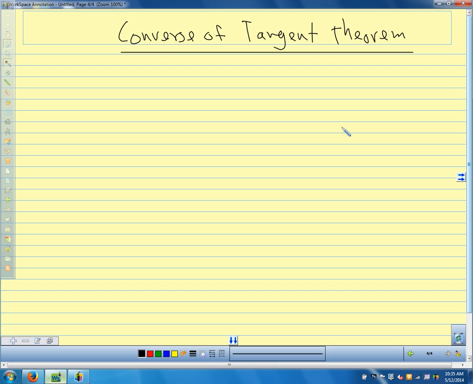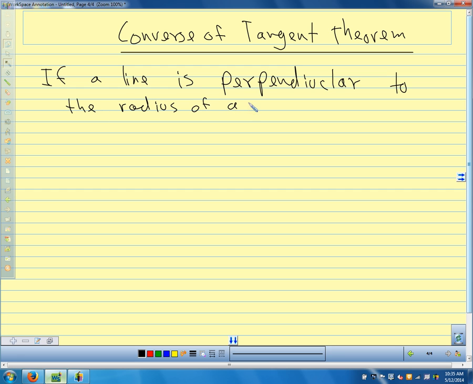If that's true, then that tells us that line or segment is tangent. So we're just turning it around. We're going to say if a line is perpendicular to a radius, then it is tangent to the circle.